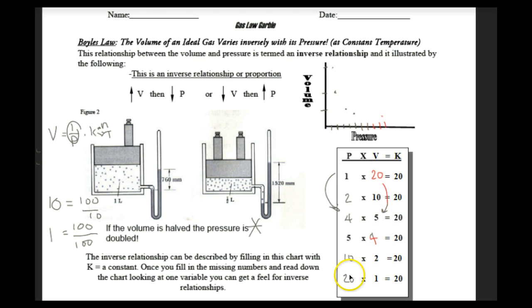And then we have the pressure at 20 and the volume at 1. We saw this in class when we were using that syringe animation that changed the pressure and the volume.